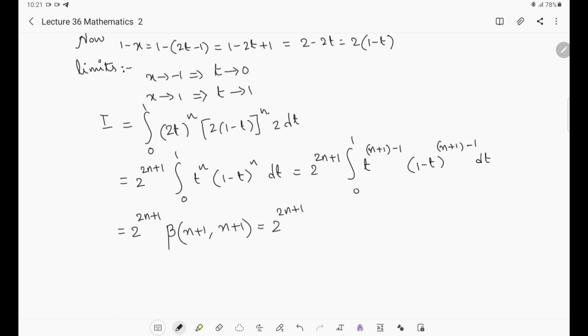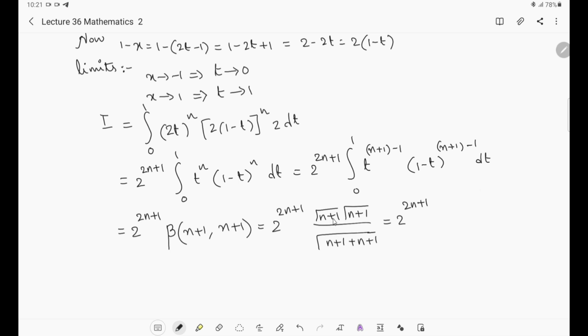Now use the relation between beta and gamma. Using that relation, we will get gamma n plus 1 into gamma n plus 1 divided by gamma of (n plus 1 plus n plus 1), which is equal to 2 power 2n plus 1 times that. Now what is gamma n plus 1? Where n is an integer, gamma n plus 1 is n factorial.